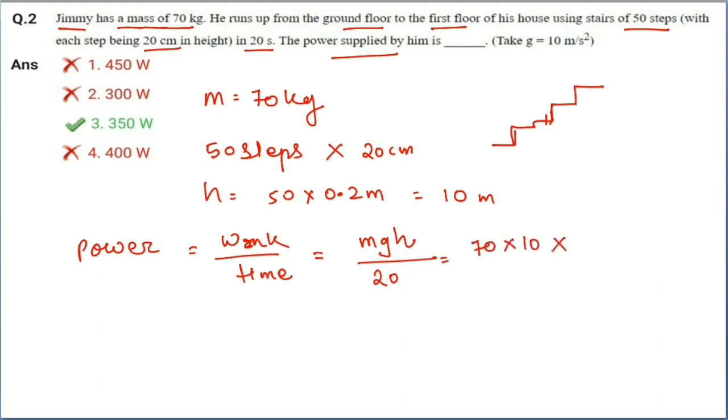So value of m is 70, g 10, and h is also 10, divided by 20. So 10 to 20, then 2, 5, and 70 into 5, 350 watt. Okay. So the power supplied by him is 350 watt. That is option number 3.